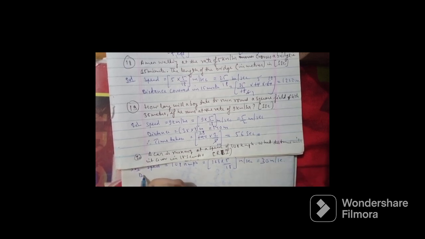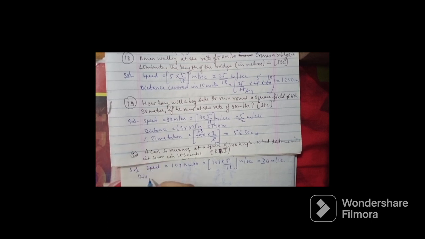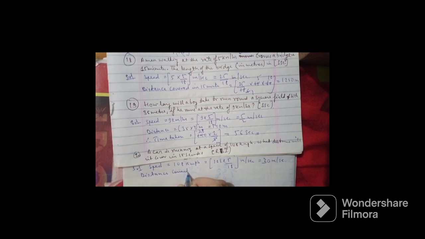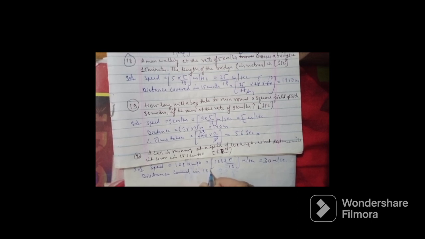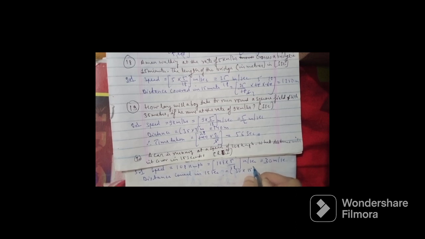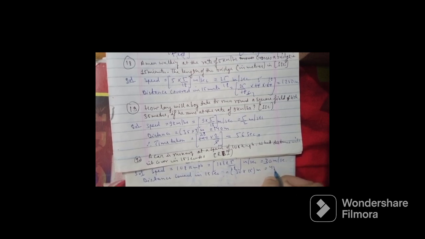Distance covered in 15 seconds equals 30 into 15, that is equal to 450 meters. So that has been the answer here.